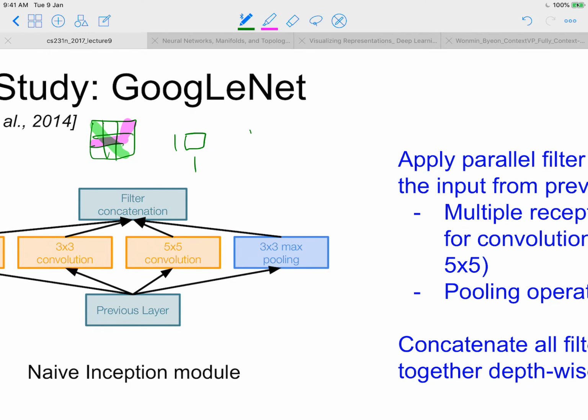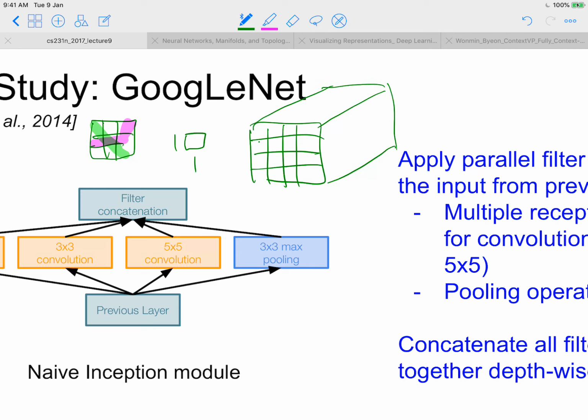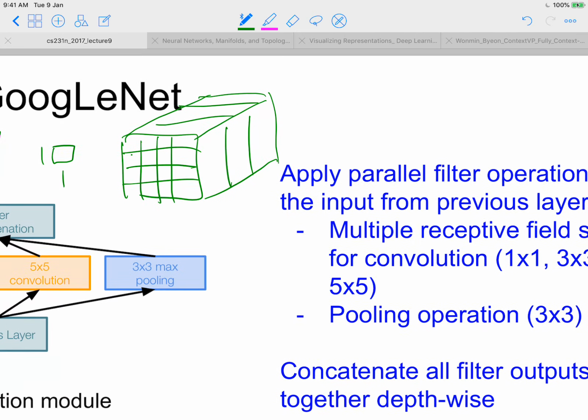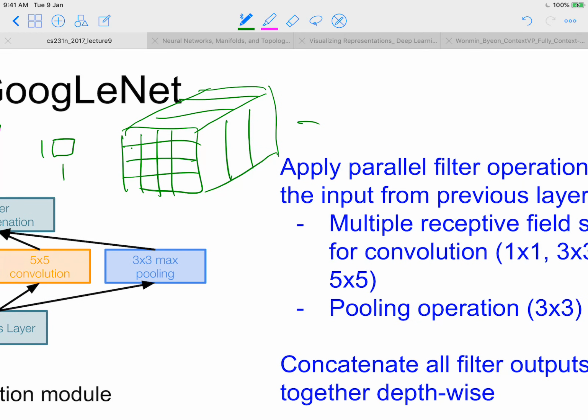But still, this one by one convolution has an effect. That effect is as follows. Let's think of a one by one conv and first think of the filter size. The filter size is 1 by 1, and the depth is 3 in this particular case, right?